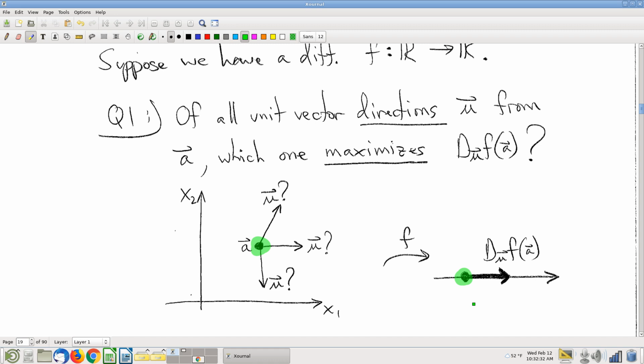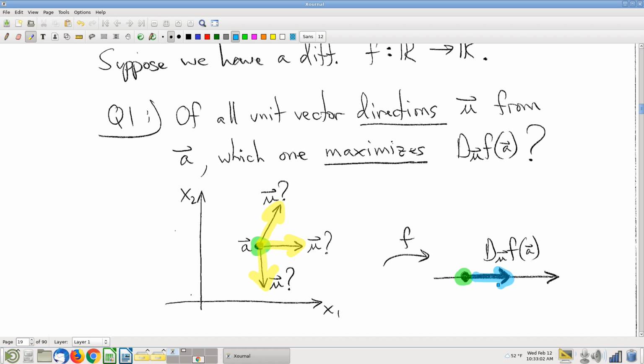And a reasonable question: look, I could start moving in various different directions from where I am. I know that for each direction that I move in the domain, there's going to be a corresponding movement in the target. And which of these directions, we reasonably ask, makes the function increase the fastest? Now, that's a very natural thing to want to do.